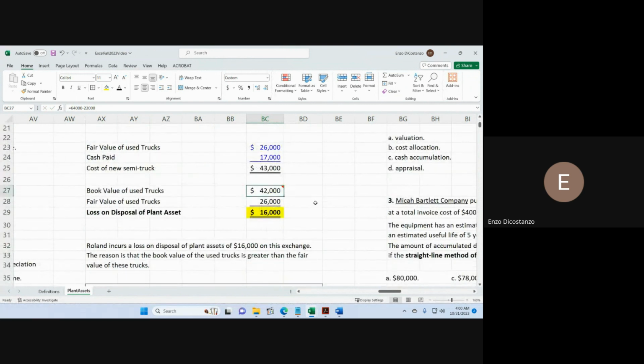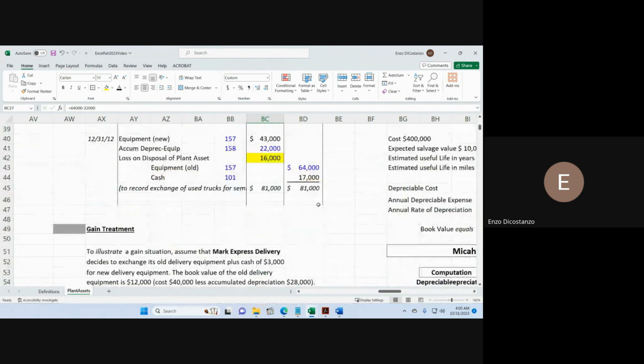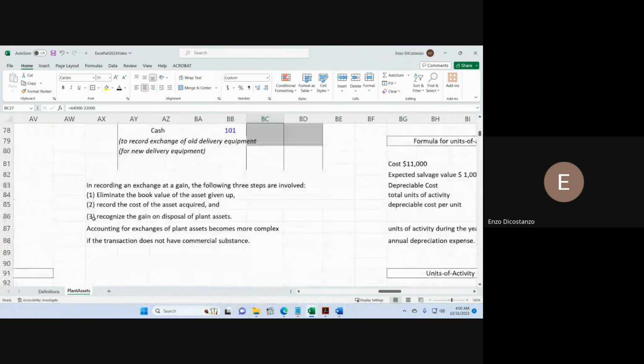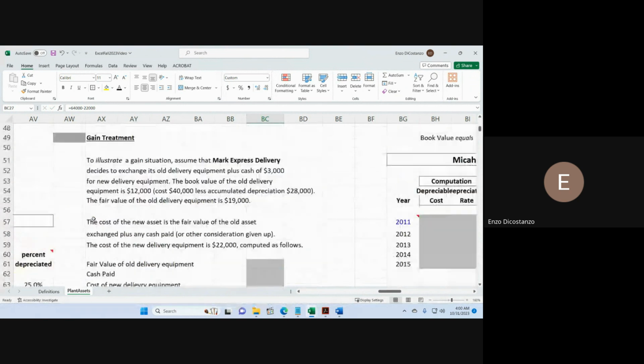Yeah. So if that's your book and you can only get 26,000 for it, your loss is going to be 16, is all that is. Okay. This is a gain, which this will be the same sort of thing here.